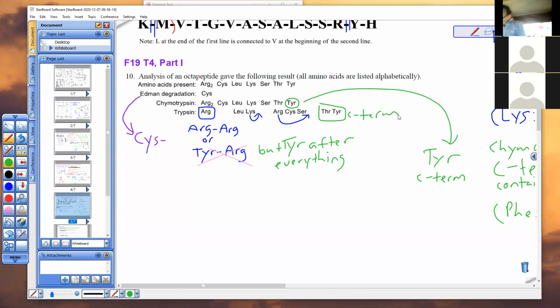So I can expand my knowledge now. It can't be Thr-Ser, sorry, because Thr's at the end. And we already knew about Cys. Just copy it down here. I think we can finish this problem pretty soon.